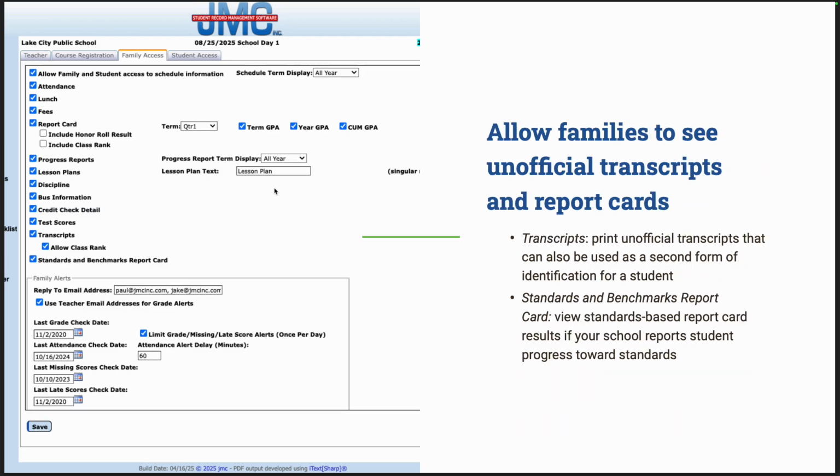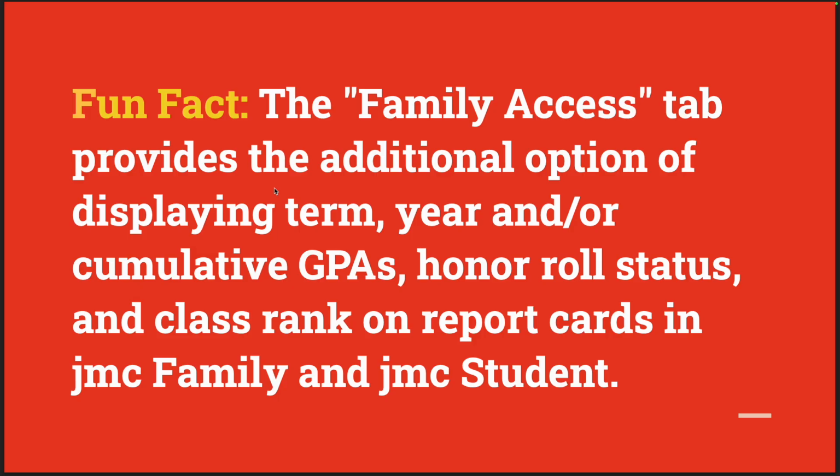Transcripts, print unofficial transcripts that can also be used as a second form of identification for a student. Standards and benchmarks report card, view standards-based report card results if your school reports student progress towards standards.